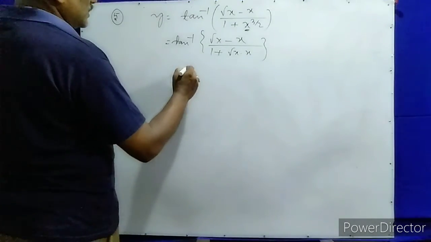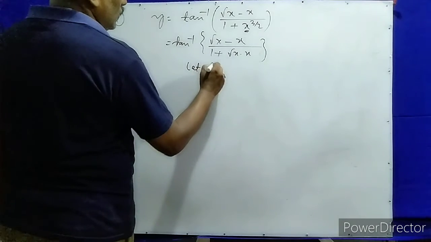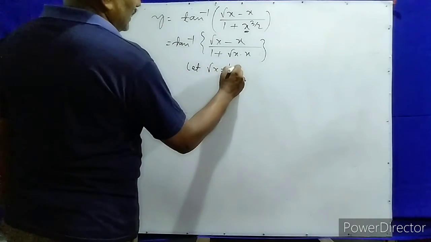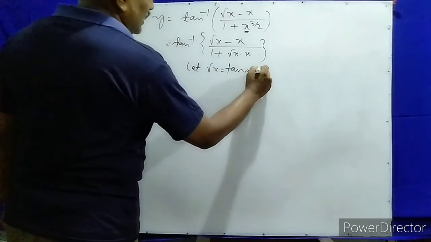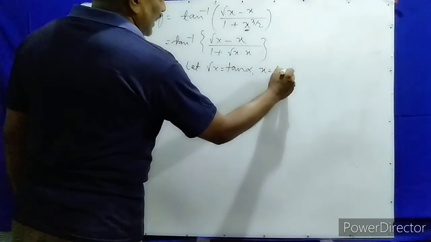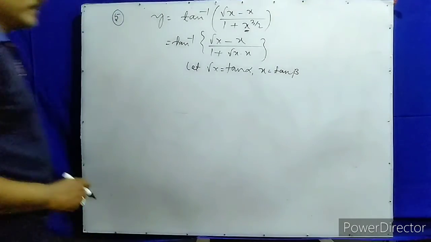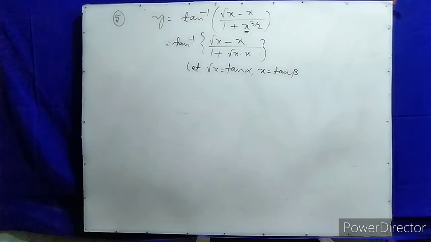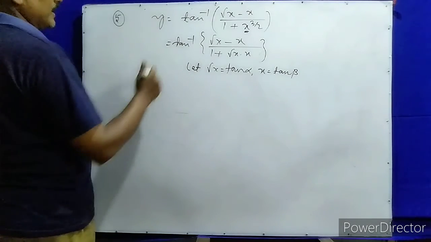Now here is the substitution. Let root x equal to tan alpha and x equal to tan beta, taking these two values separately.